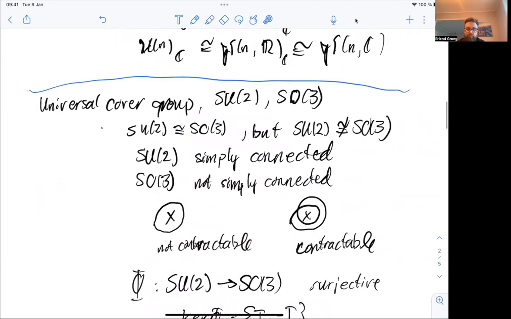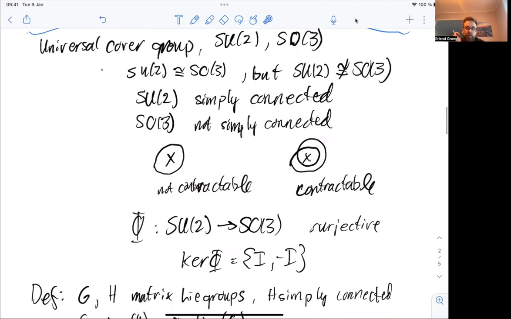Then we talked indirectly about universal cover groups. We talked about SU(2) and SO(3), how they had isomorphic Lie algebras, but they were not isomorphic as Lie groups, because SU(2) was a 3-sphere, so it was simply connected, whilst SO(3) was not simply connected. We saw with the bell trick that it had this weird hole: if you went around it once, you couldn't contract your loop, but if you went around twice, then it suddenly became contractible.